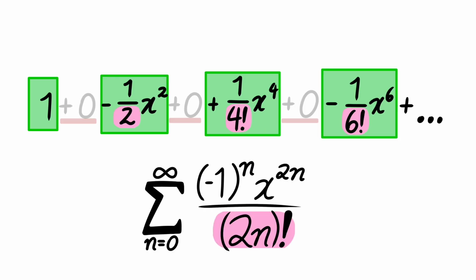This is represented by the 2n factorial from the formula here, so we're only going to take in the second corresponding value, which goes the same with the x to the power of 2n as well. We can also see that it's alternating between a positive and negative value here, which is why we have that negative 1 to the power of n to accommodate it.